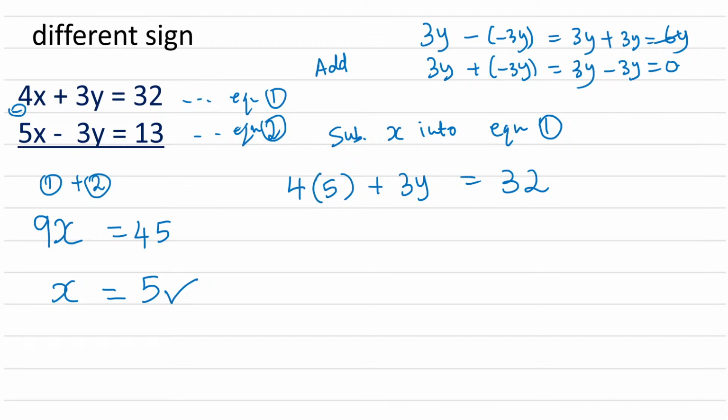So 4 times 5 is 20, and then plus 3y is equal to 32. I'm going to take away 20 on both sides, so therefore I'm going to have 3y is equal to 12. And now I'm going to divide both sides by 3, and then 3 divided by 3 is 1, so therefore y is equal to 12 divided by 3, which is 4.